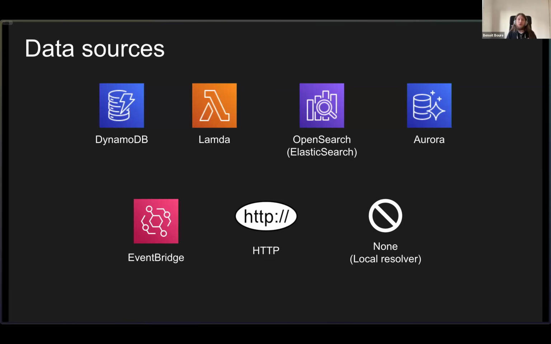But let's say you want to do a search in the history of the chat. Then maybe you're going to use OpenSearch for that. And that's going to be a different query, a search query, which is going to be connected to the OpenSearch data source. And then it means that each query, each mutation can do whatever you want and use the best data source for each use case.